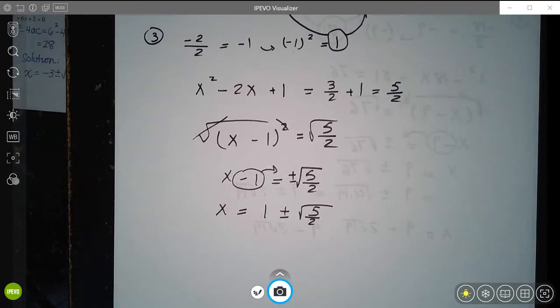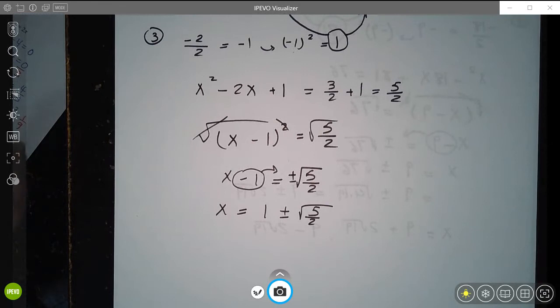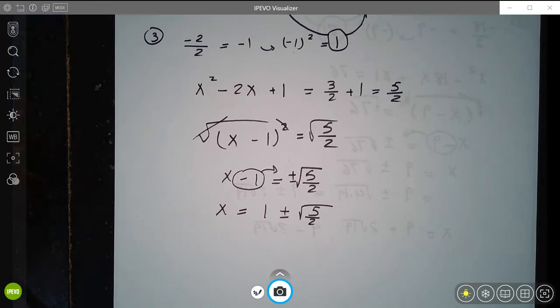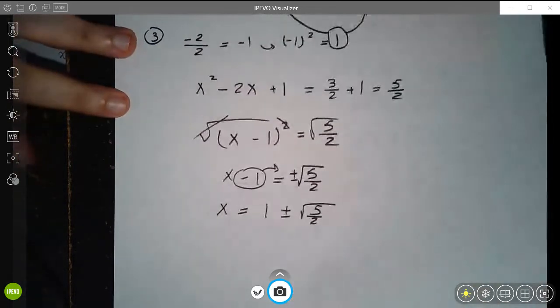So let's move on to something a little bit more fun. I think you'll enjoy this one. This is what we call the quadratic formula. All right. Let me see if anybody remembers it. Did anyone hear of the quadratic formula before?